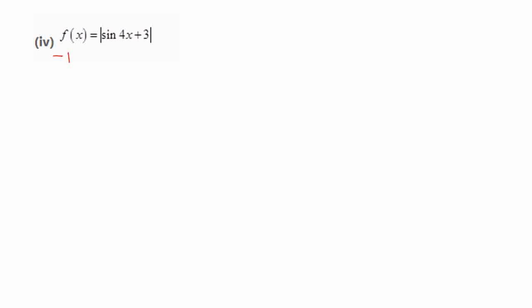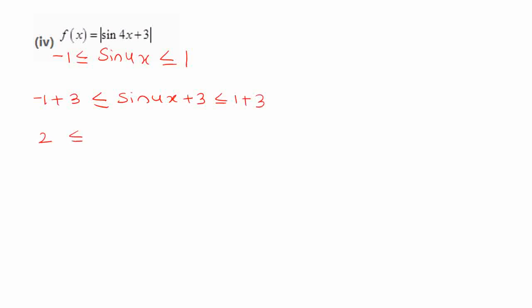Minus 1 less than or equal to sine 4x less than or equal to 1. Now in our function, if you observe 3 is also there, plus 3, that means we should add 3 throughout. So minus 1 plus 3 less than or equal to sine 4x plus 3 less than or equal to 1 plus 3. Now 3 minus 1 is 2 less than or equal to sine 4x plus 3 less than or equal to 4.